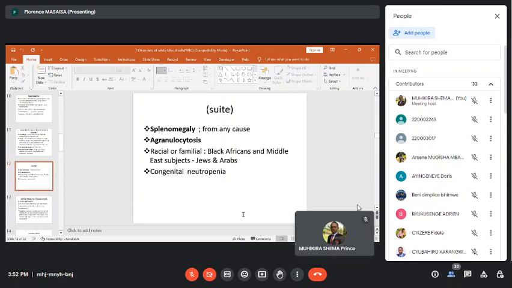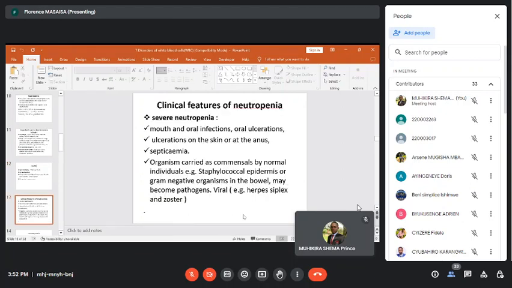We have also congenital neutropenia. As a feature of neutropenia, mostly the patient presents with severe neutropenia, coming with infection.